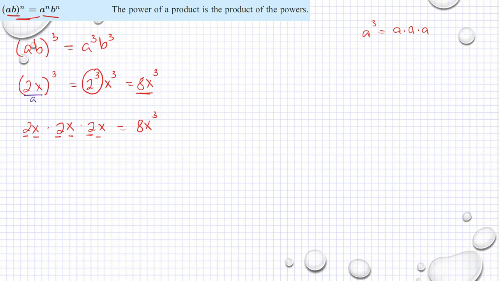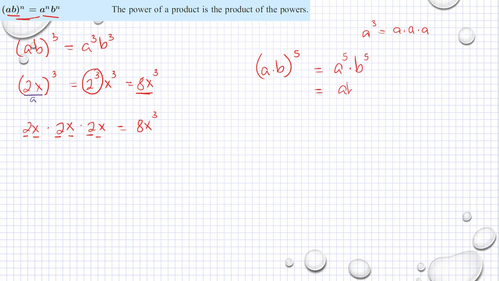If we're going to use a raised to 5 multiplied by b raised to 5, for example, then you should understand that it should be a raised to 5 times b raised to 5. Why?